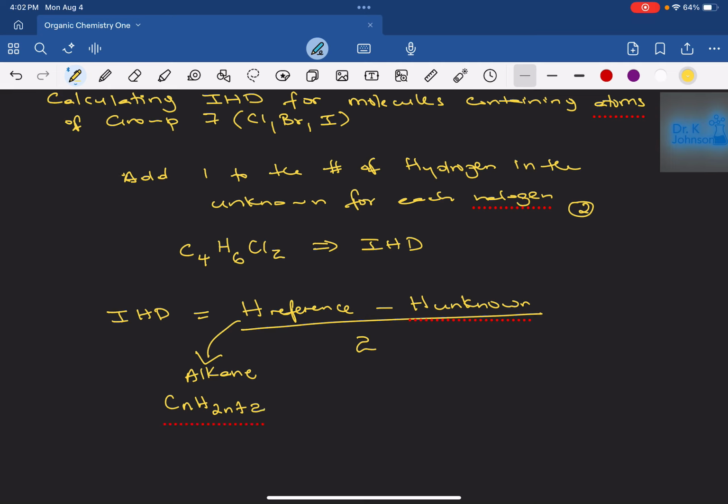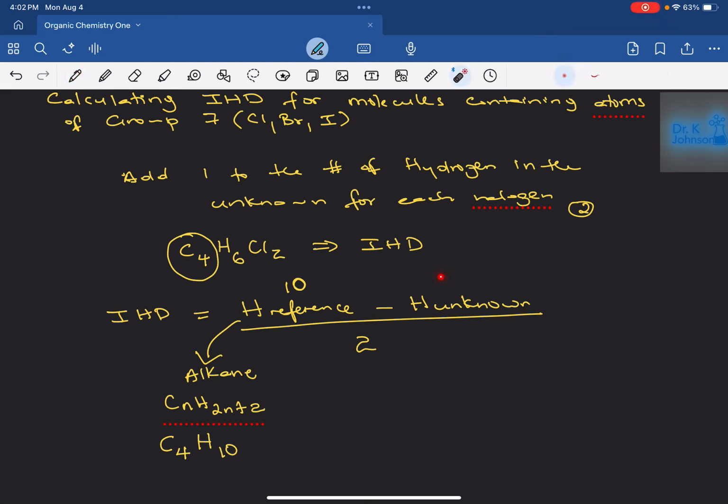My unknown has 4 carbons, so the reference is the alkane that has 4 carbons. 4 times 2 is 8, plus 2 is 10. So the number of hydrogens in my reference is 10.